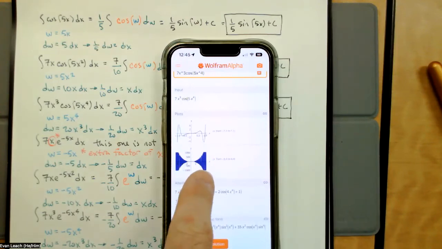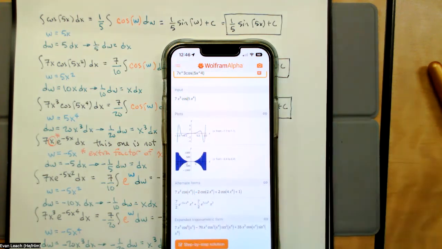That's why the graph gets all crammed up, because the cosine wants to do the same period all the time. But when you replace x, instead of just counting 1, 2, 3, 4, 5 on the number line, you're counting 5x to the 4th. So it's making infinity show up faster, and that's why we're getting this compression in the graph.